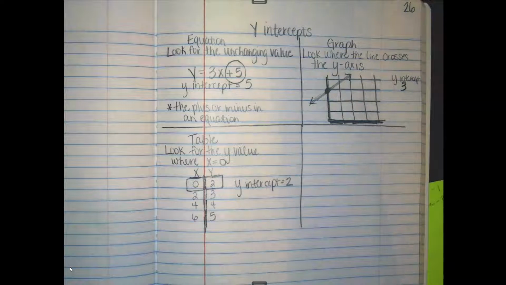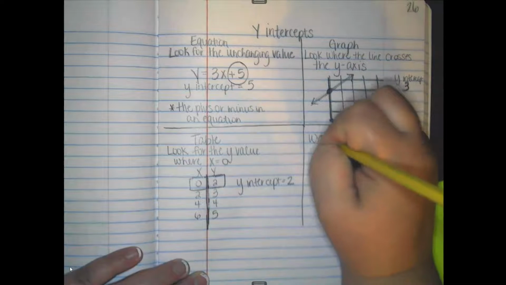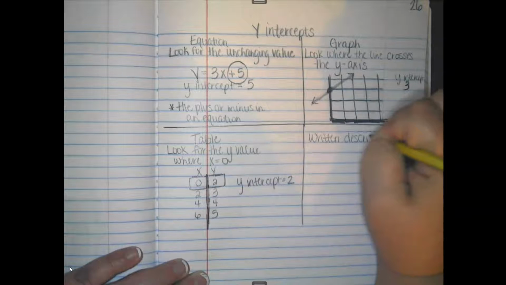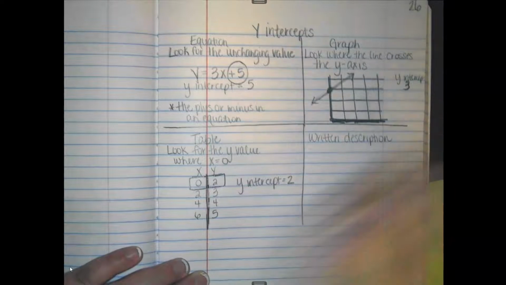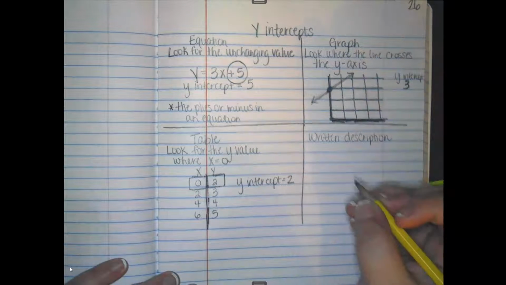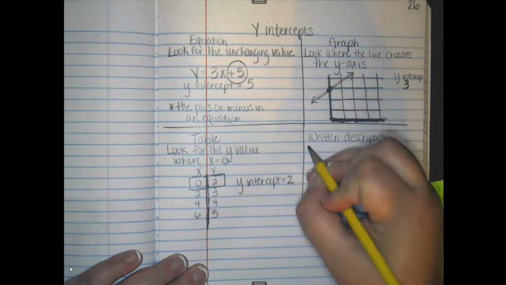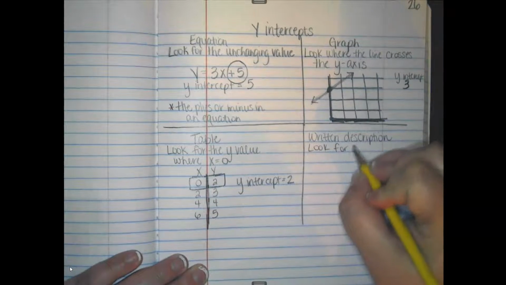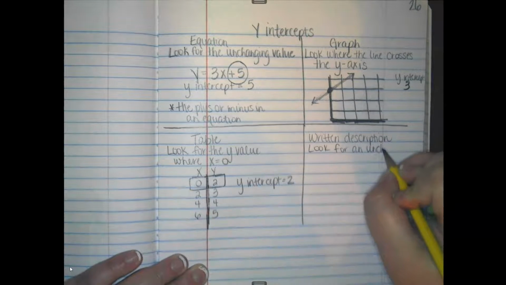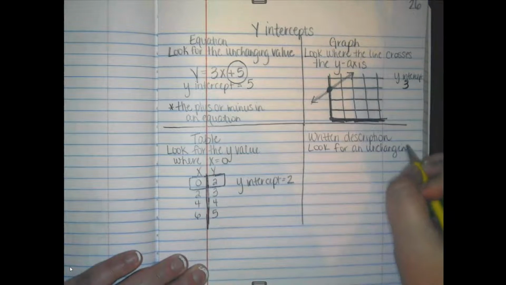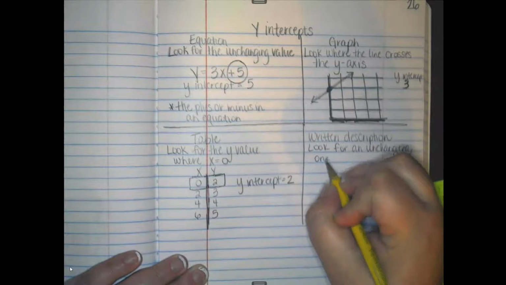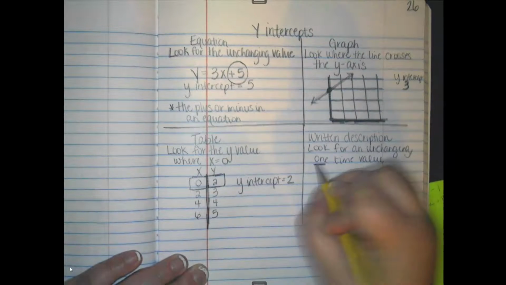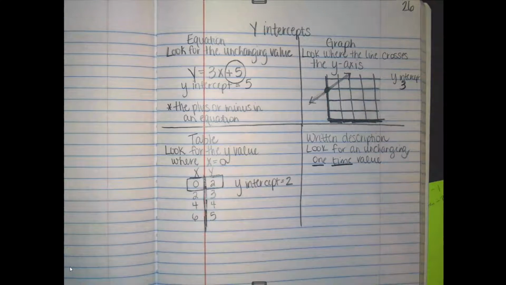All right, written description. We're going to look for an unchanging one-time value. And underline that one time because it is actually something that is going to only happen one time.